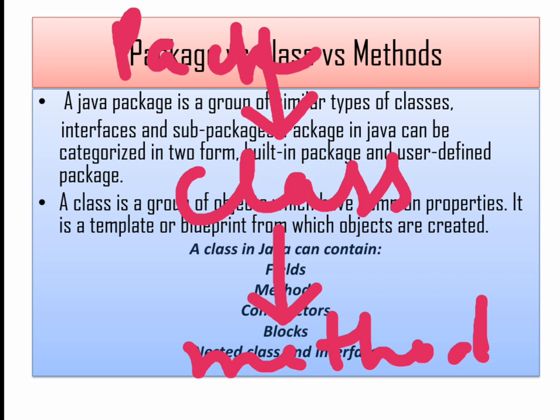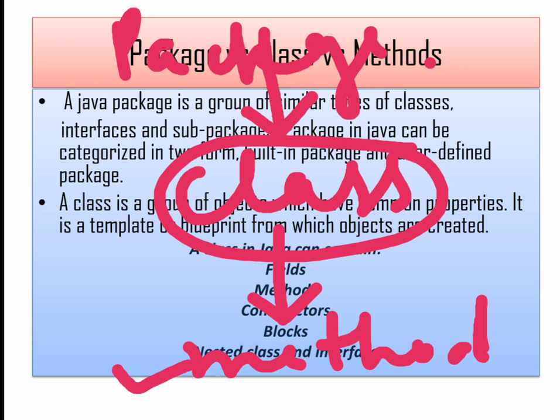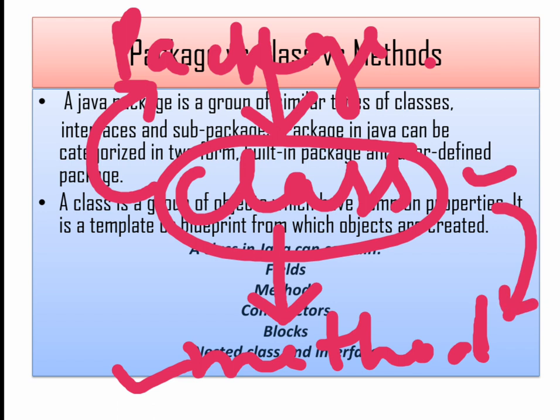If we want to use the method, then we need the permission of the class, and if we need the class, we need some package. So this is the hierarchy. Without package, we won't have class, and without class, we won't have method. I hope you understand this. Is it okay? Can we move on? Okay, so just remember this.